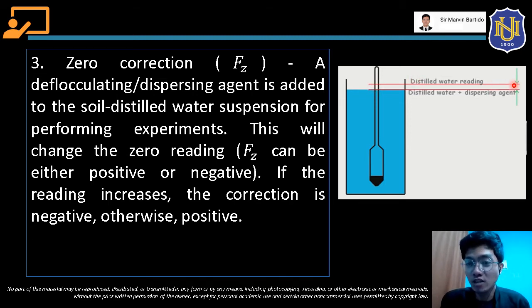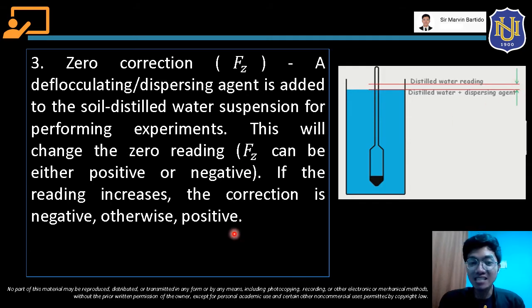So itong difference na to, yan ay kailangan nating isubtract. Tama, kasi itong value or reading na makukuha natin sa experiment, greater siya kesa dun sa actual, yung dapat maging value niya talaga or yung true reading niya talaga. 'Di ba? Okay, so kailangan natin to i-subtract.